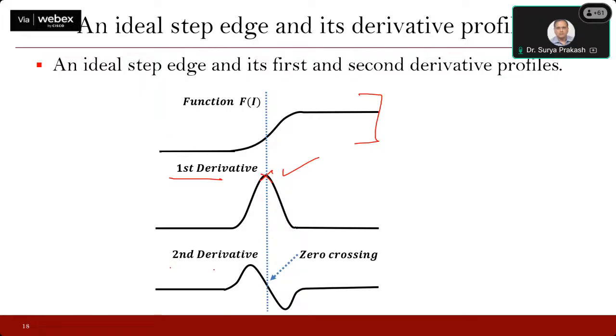In the case of the second derivative, you are identifying the edges by zero crossing. So what is the zero crossing?